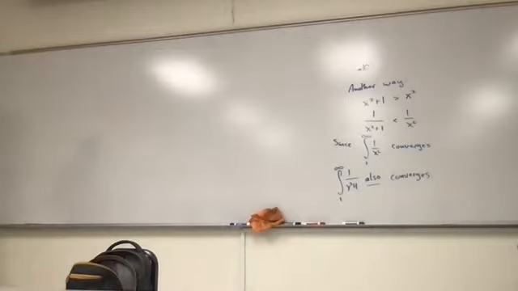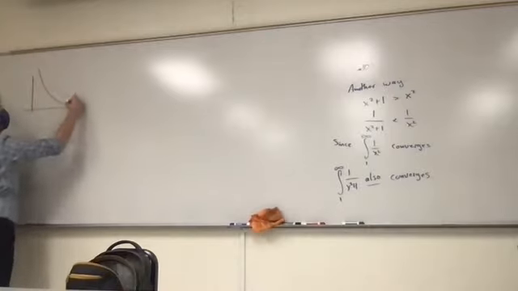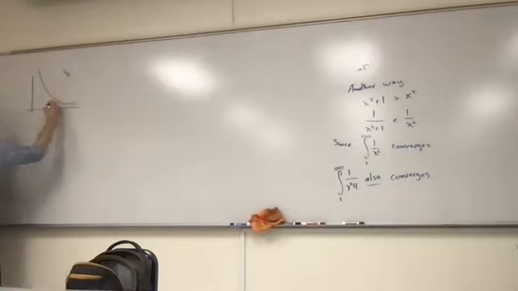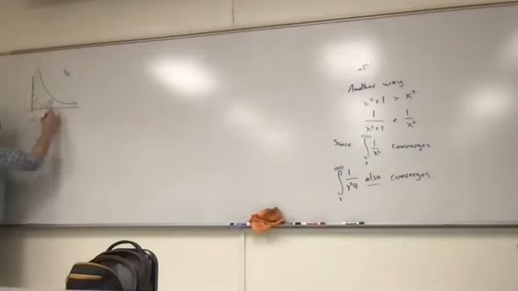We just have to figure out what is the right limit that lets us handle this vertical asymptote. So for instance, if this is maybe 1 over x, and we want to find this area here. So this is from 0 to 1.